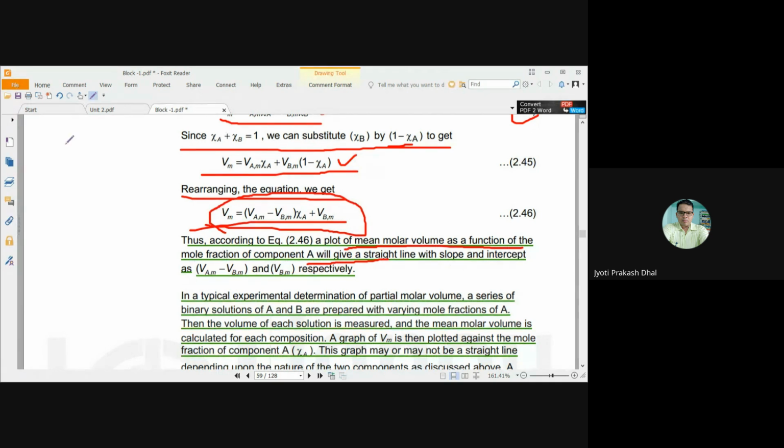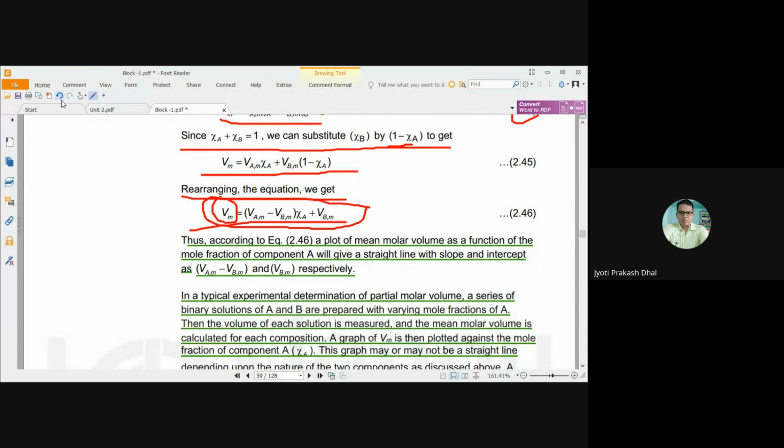So here, if you plot a graph based upon equation 46, by taking the mole fraction of A, chi A, on the x-axis and Vm on the y-axis, the graph will be a straight line with a slope.